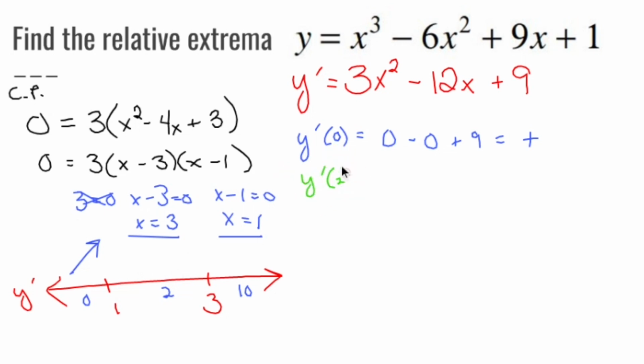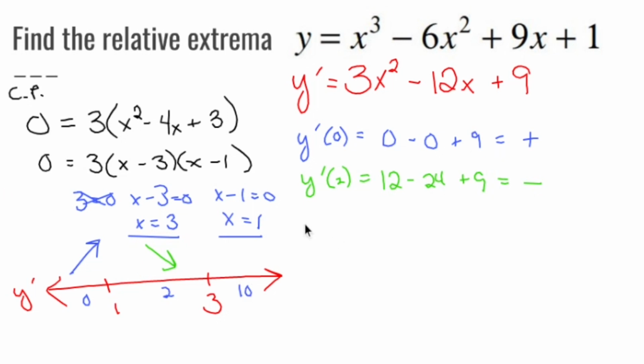Let's plug in 2. y prime of 2 is going to be 3 times 2 squared, which is 12, minus 12 times 2, which is 24, plus 9, negative. So this is decreasing.